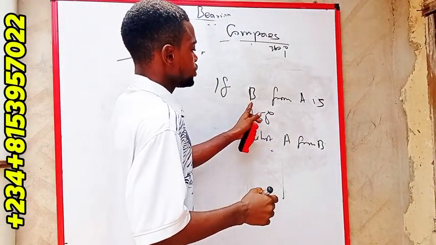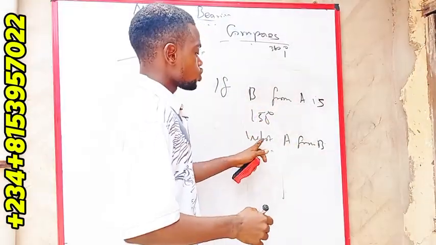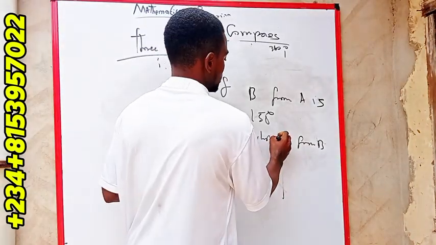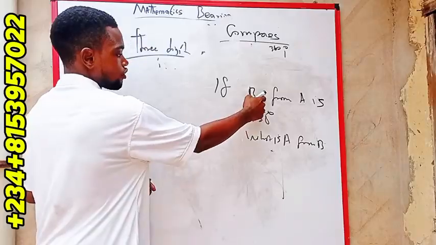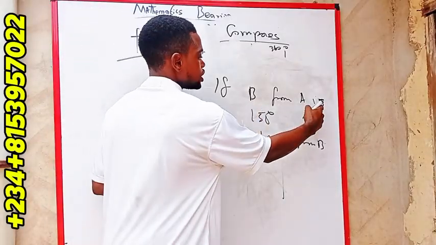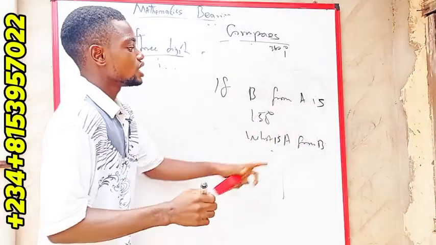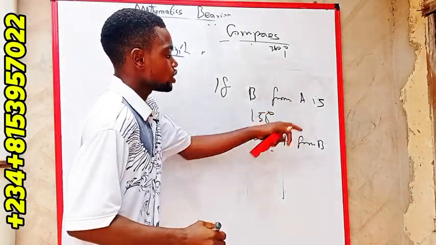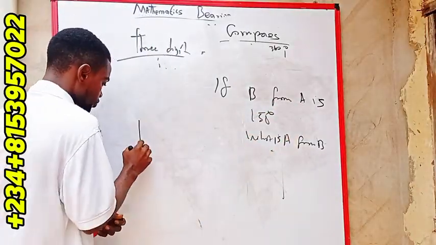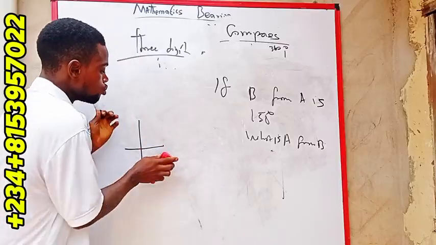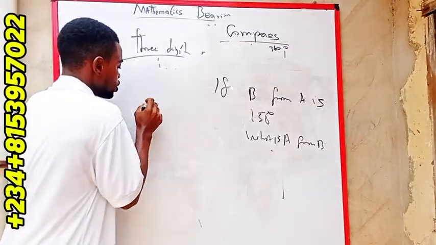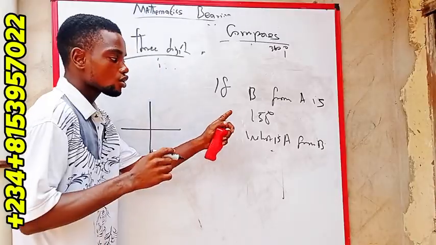If B from A is 150, what is A from B? Let's represent this one first. B from A is 150. Where is the starting point? A is the starting point. So B from A means that the person is at point A. Now the person is at point A, and turns on a bearing of what?